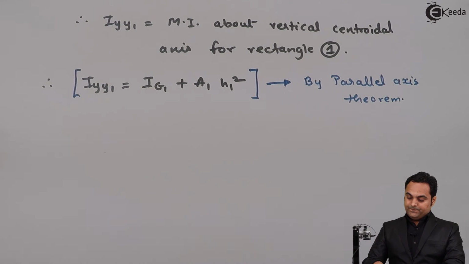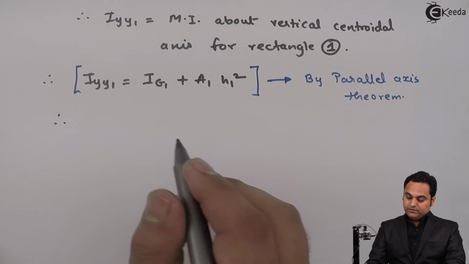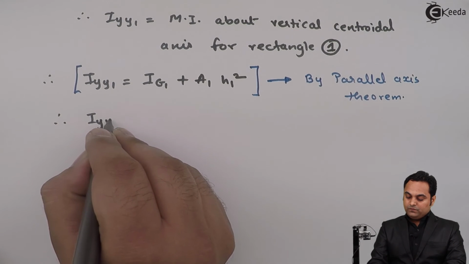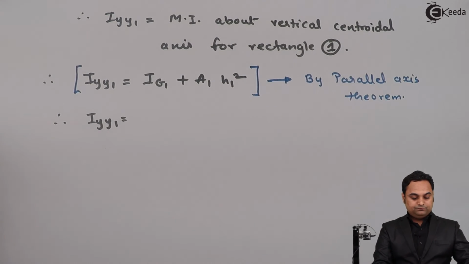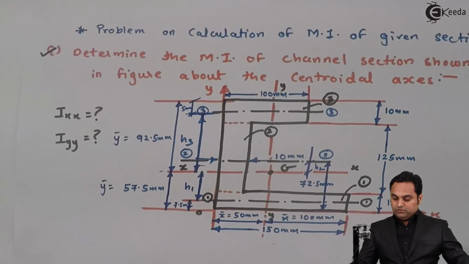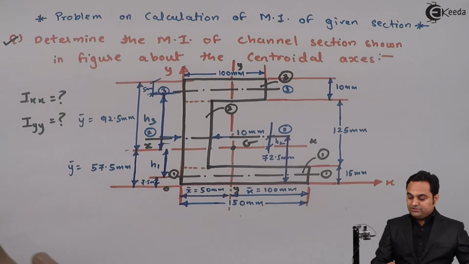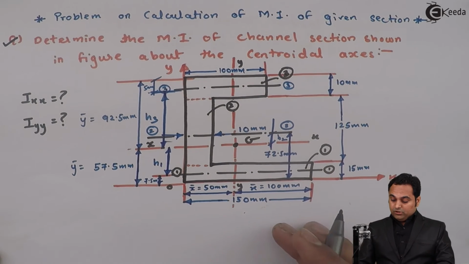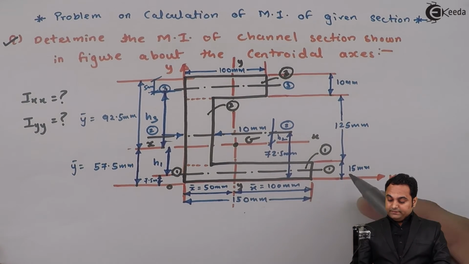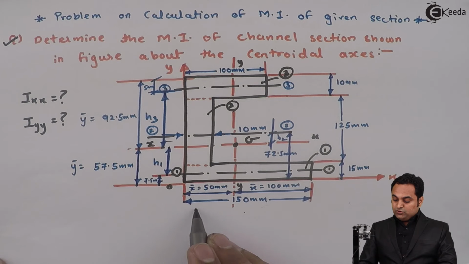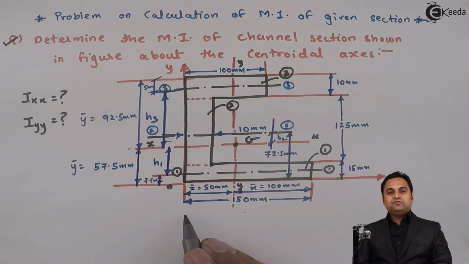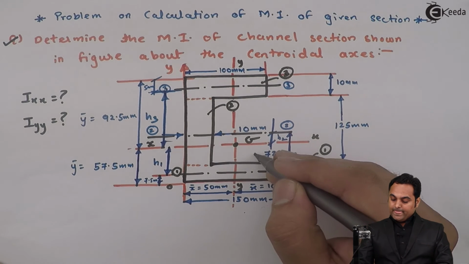So therefore Iyy1 will be equal to, now if we look into this diagram, the y-axis of rectangle number 1, its width is 150, so the y-axis will be at half of 150.